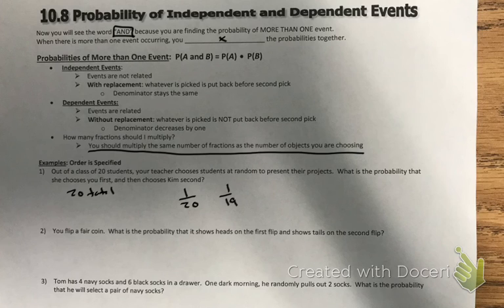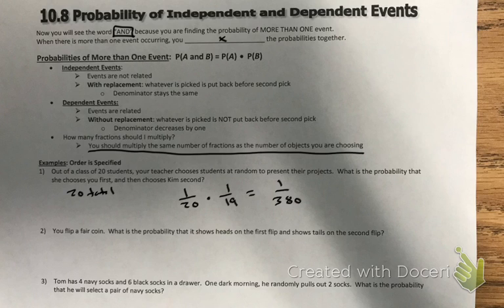I'm not an option anymore. So all we have to do now is multiply these together. 1 times 1 is 1. 20 times 19 is 380. So the odds of me getting picked first and Kim getting picked second is 1 out of 380.